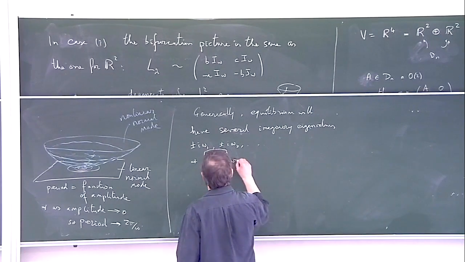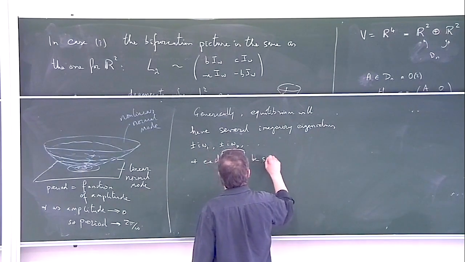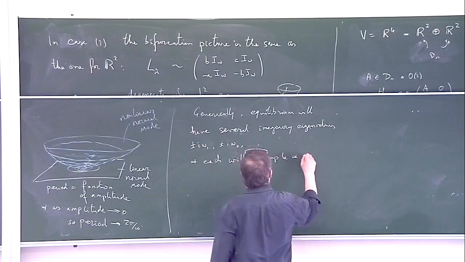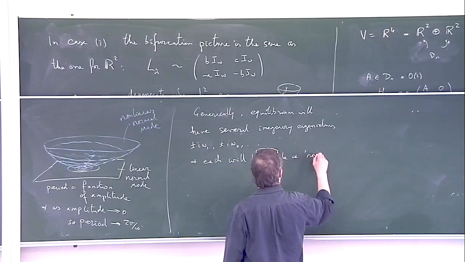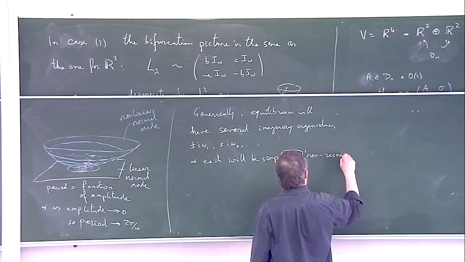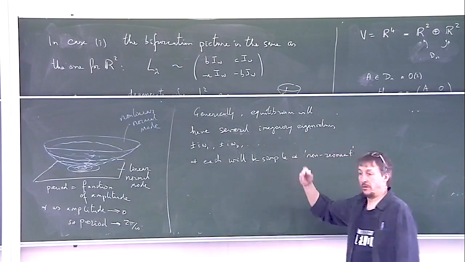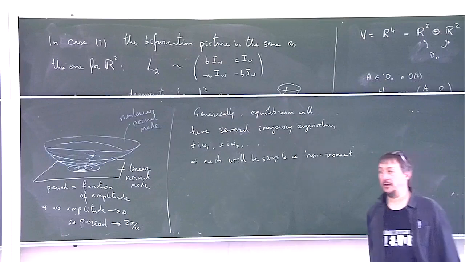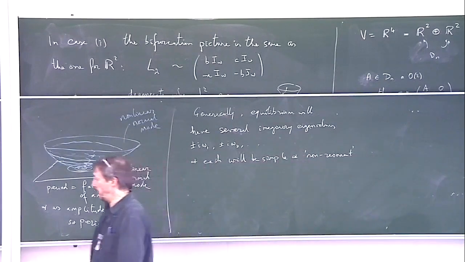And each will be simple generically and non-resonant. They will not be integer multiples of each other generically.